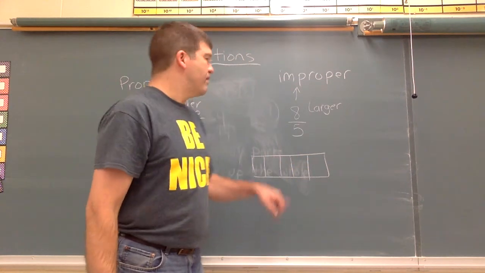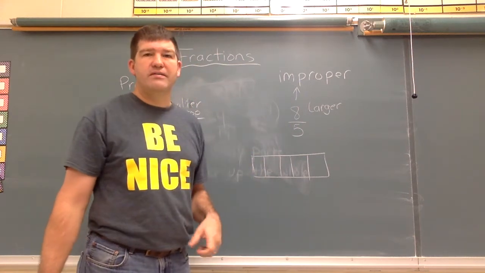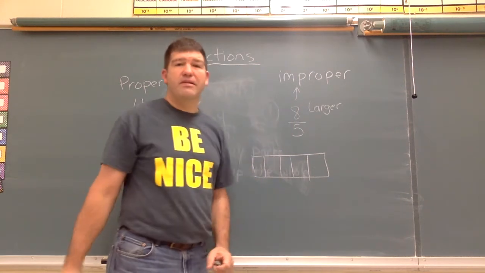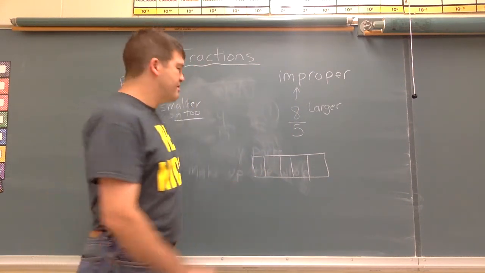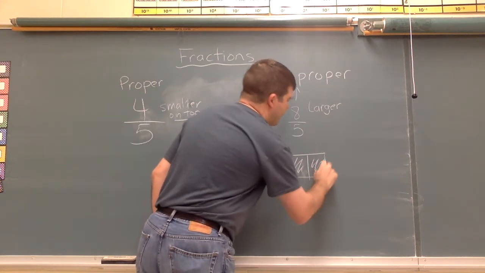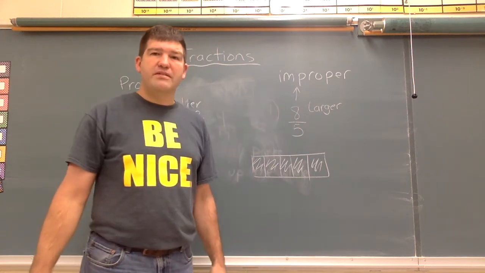Okay. So this is how many take 1 whole. This is how many parts, if we're talking about the candy bar, how many parts I've eaten. I've eaten 8 parts of it. Well, I only have 5 parts. So 1, 2, 3, 4, 5. I've eaten 5 parts, and I still have 3 more parts to eat.